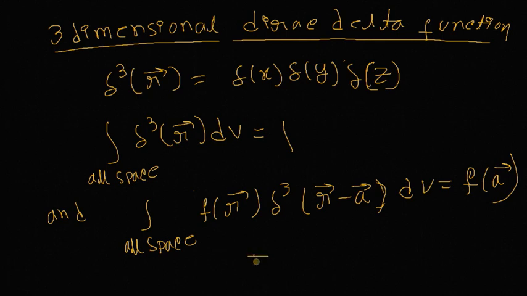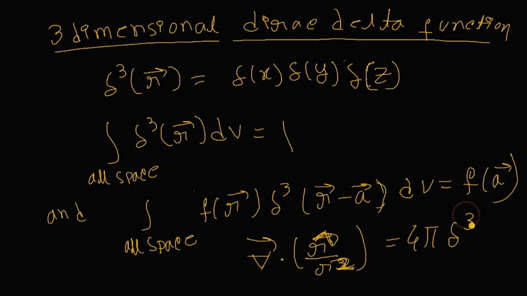We also get del of r cap by r square, which gives us the value 4 pi del cube of r vector. So these are the properties of the Dirac delta function.